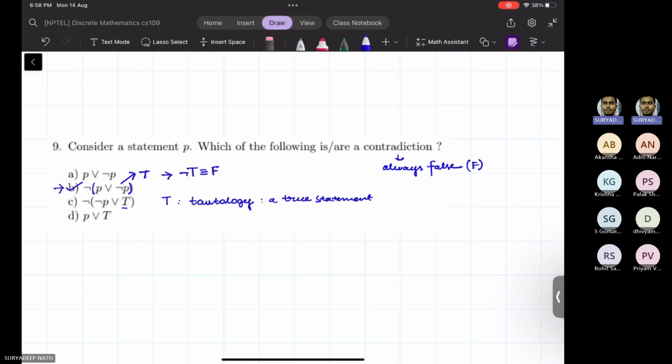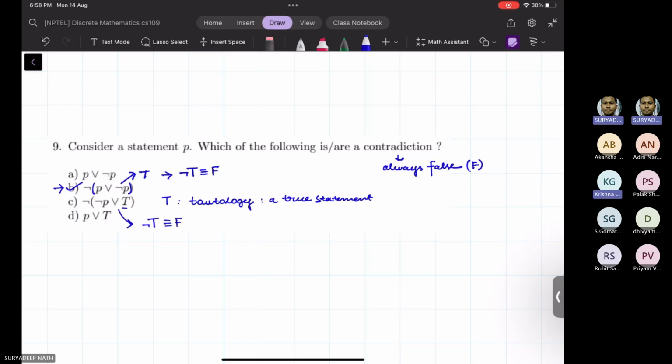Therefore, negation of P or T will always be true. And again, you have a negation outside, so it turns out to be a negation of a tautology, which is equivalent to a contradiction.